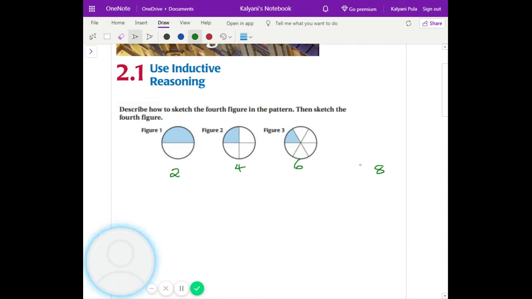You just have to shade in 1. So you can put it as 1/2 fraction, and this is 1/4, and this is going to be 1/6. The next one is going to be 1/8. Does that make sense?